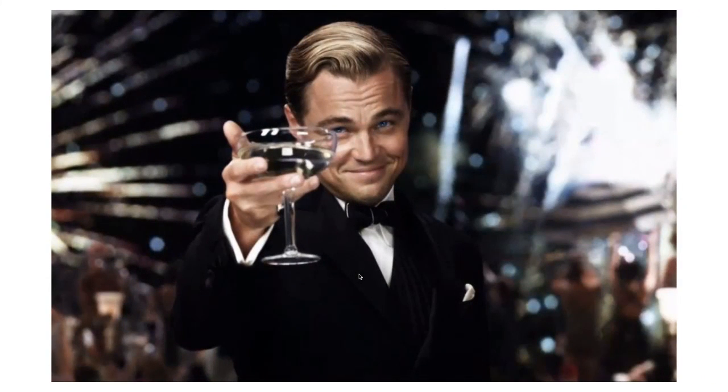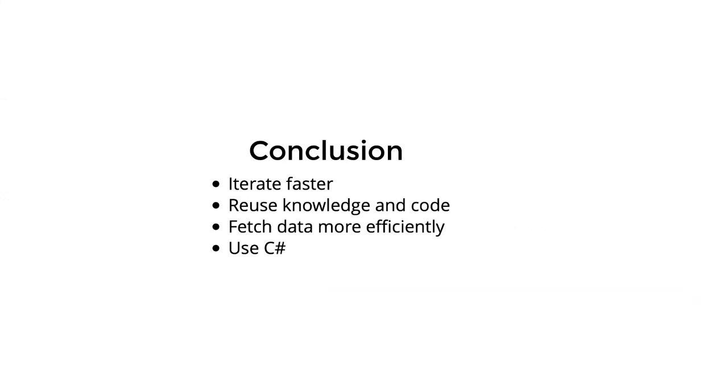Okay, you survived a lot of code with GraphQL and Blazor. What is the takeaway here? So with GraphQL and Blazor together, you can iterate much faster. Why is that? Because I'm a .NET engineer and I'm sufficiently good at .NET, but I'm not so good at JavaScript.